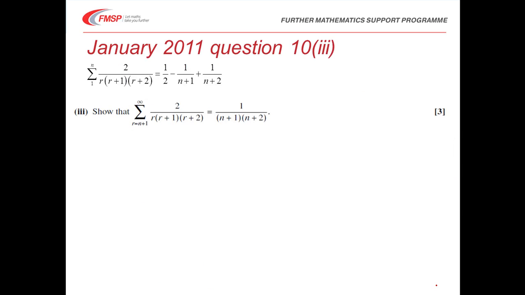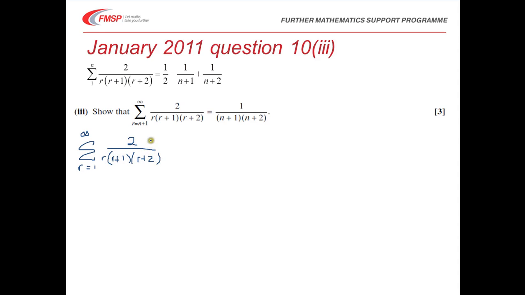If we look at this last part of the question, it asks us to show that the sum from n plus 1 to infinity of this series that we've just been looking at is equal to 1 over n plus 1 times n plus 2. It's quite important that we see that what we're going to have to do is find the sum from 1 to infinity of this, which is 1 over r times r plus 2.